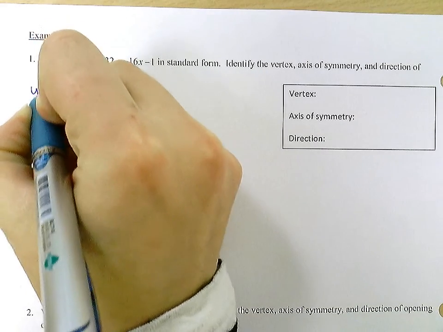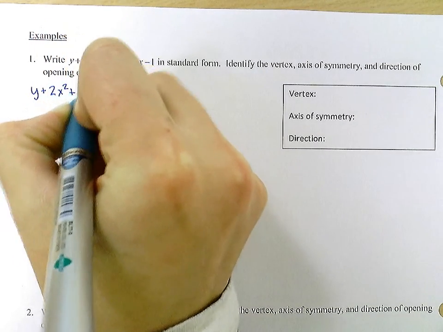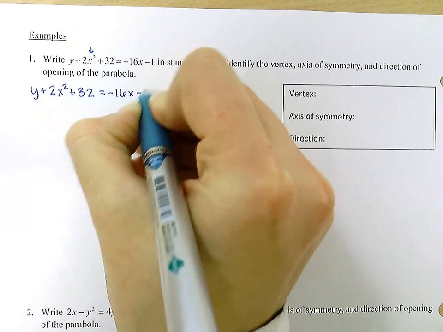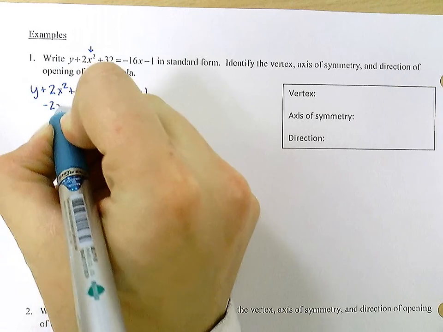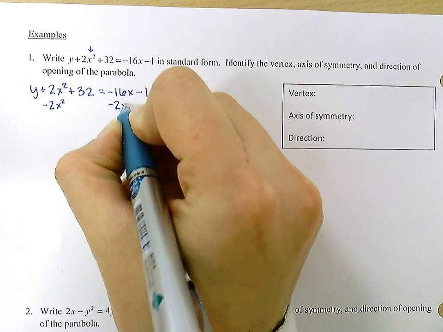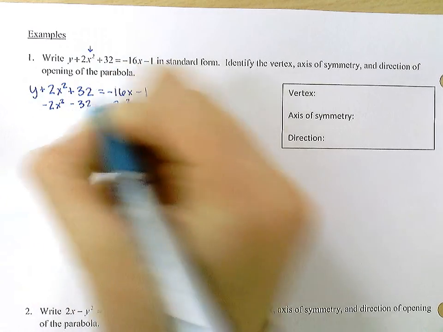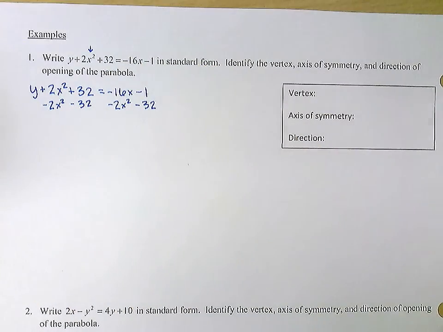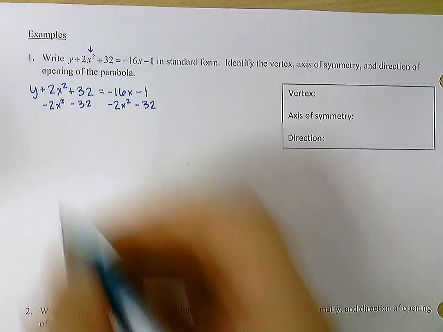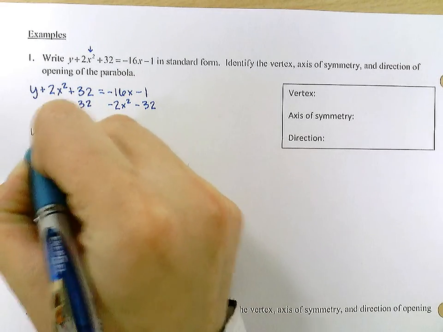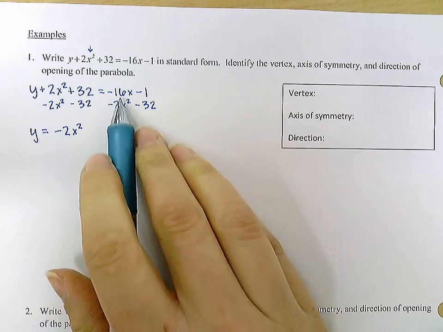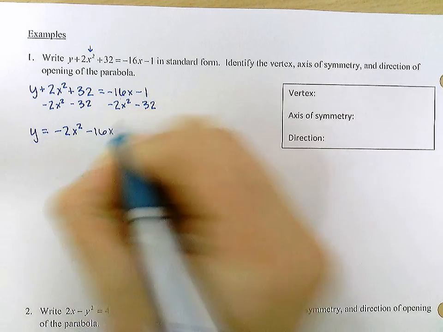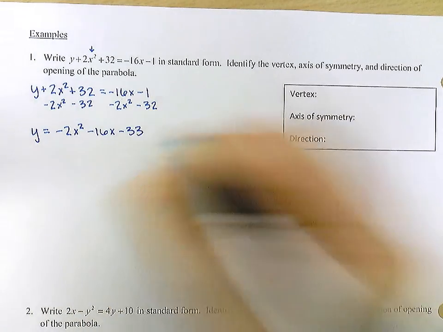So I'm going to just rewrite that equation. And I want to move everything so that I just have y equals. So I'm going to subtract 2x squared and subtract 32. Okay, so I have y is equal to negative 2x squared minus 16x minus 33.